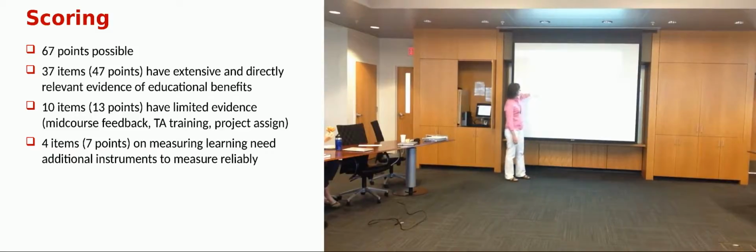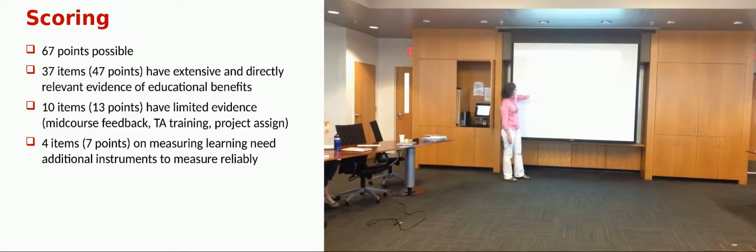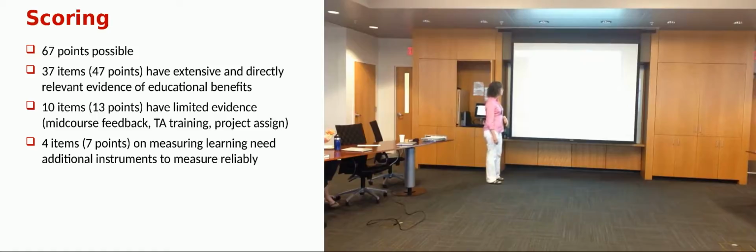And then there's a few items on measuring learning. These are things for which people have assumed, based on logic, that these are useful things to do in the classroom, but for which there really isn't any evidence yet. Nobody has actually tested these, but this accounts for only 4 items on the survey.